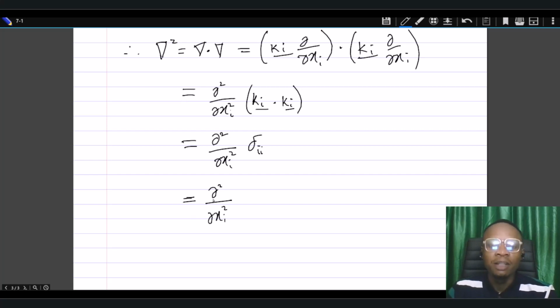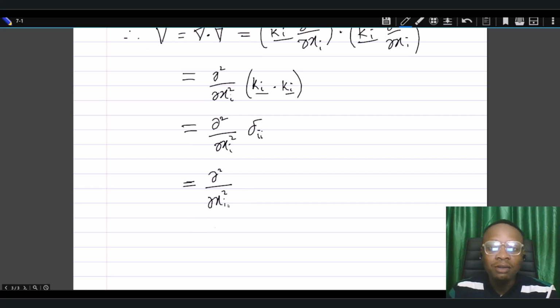No, nabla squared itself should expand to 3. So this should have been a dummy subscript, but now it appears only once, and our convention requires that it should appear twice for this to be a dummy index, if you like.